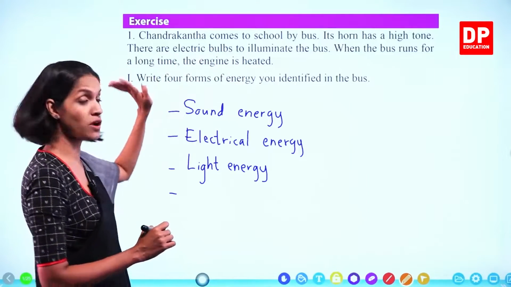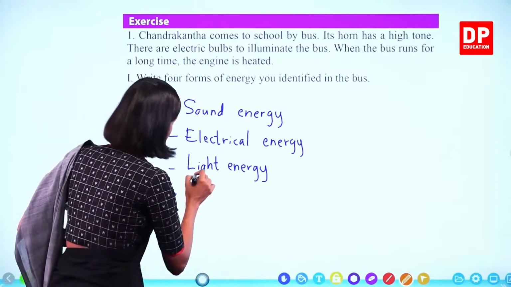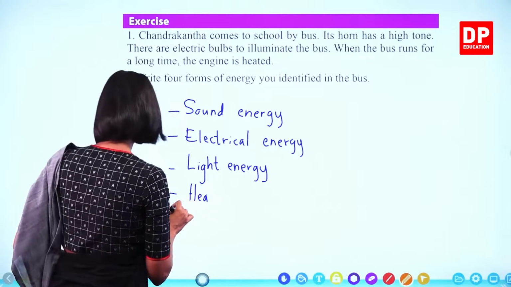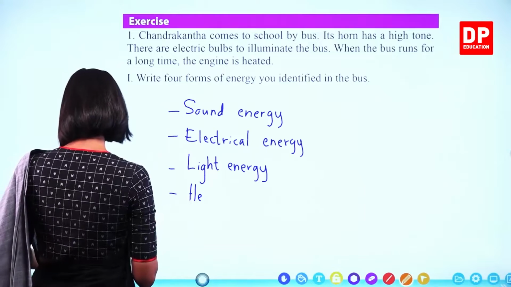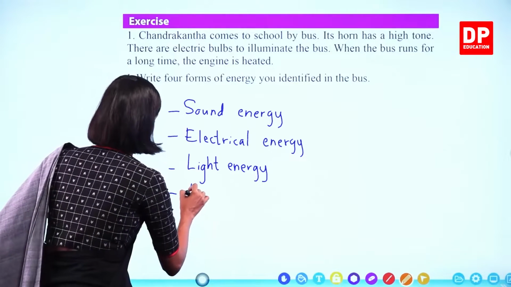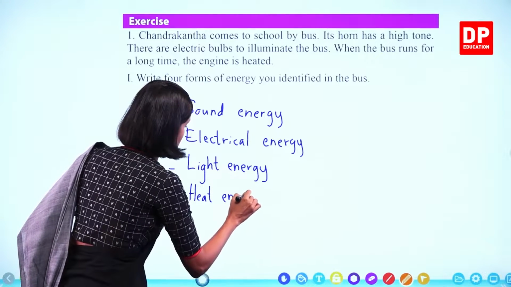So we can write one of those things because we are asked to write only 4 forms, right? We will write heat energy.